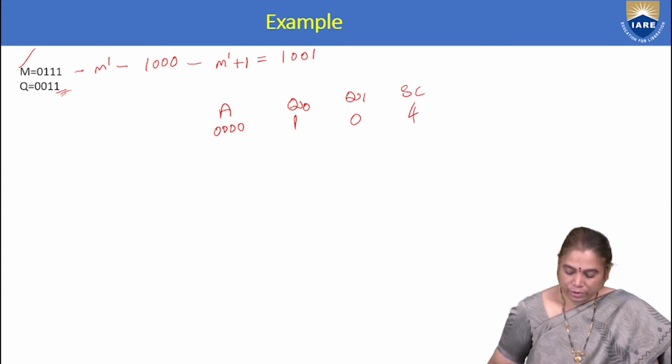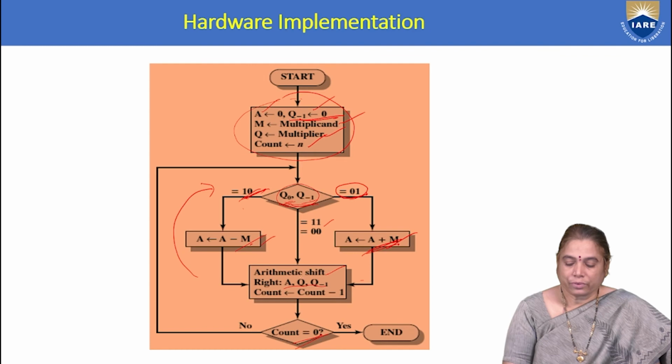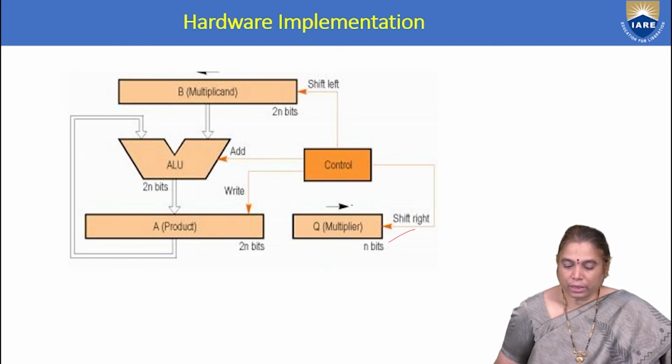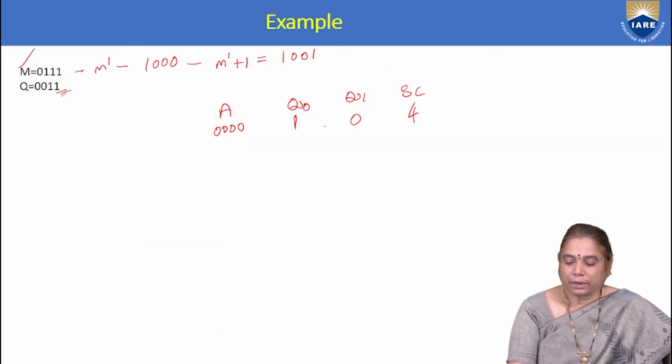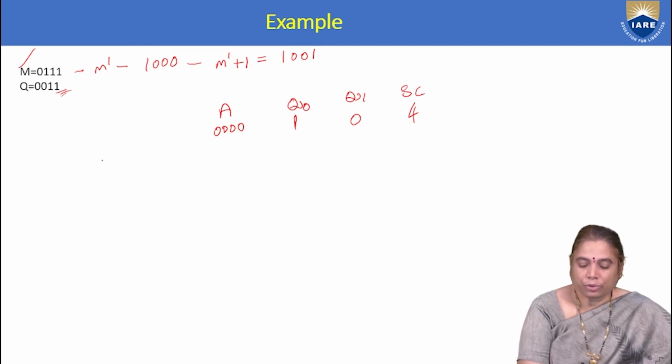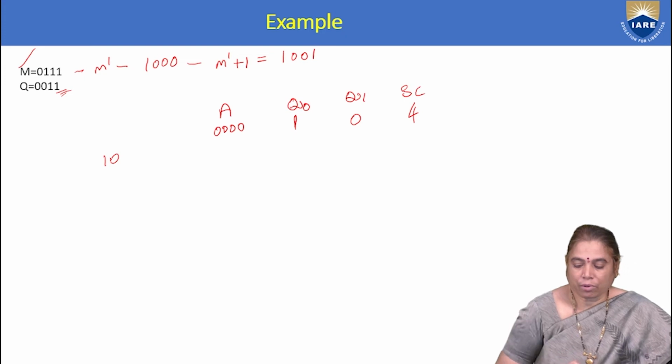In the first step, we take the 2 bits and compare which combination it falls into. Here Q0 is 1 and Q1 is 0, so it contains the 1 0 combination.